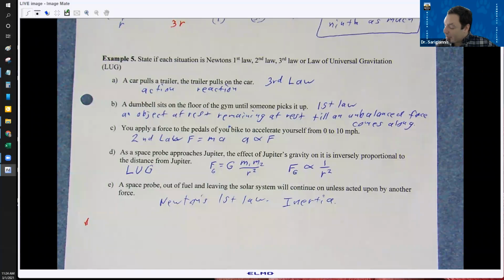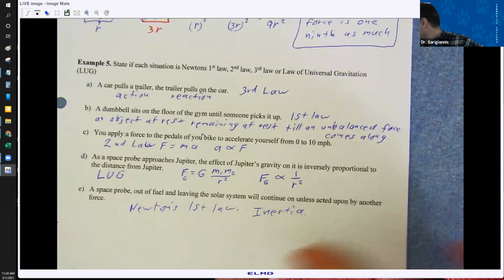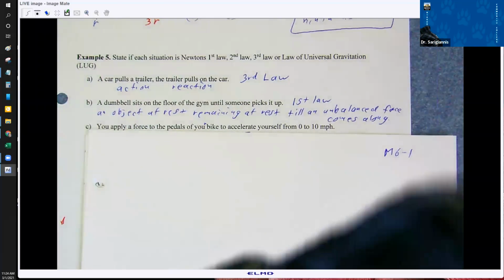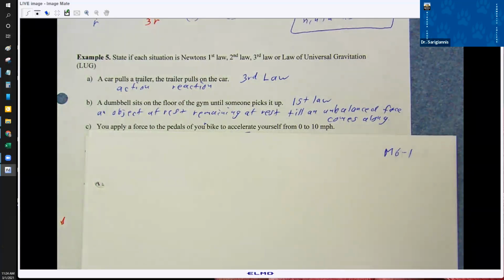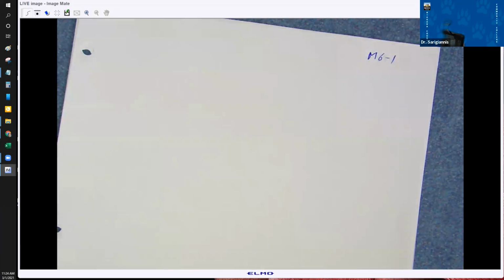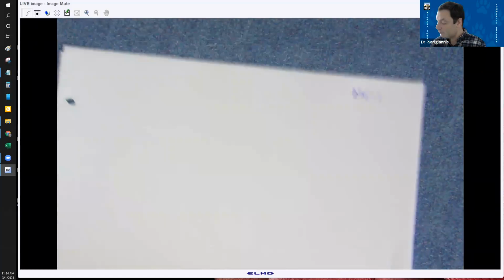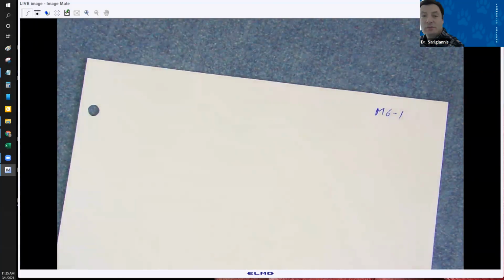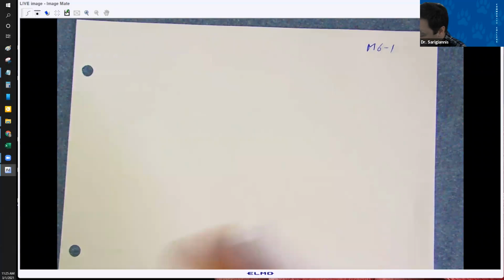All right, so what I'm going to do here is switch gears. And I'm going to go to start module 6. Stick this in the folder. And for module 6, we're going to be talking about energy.